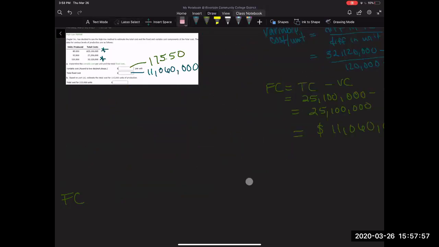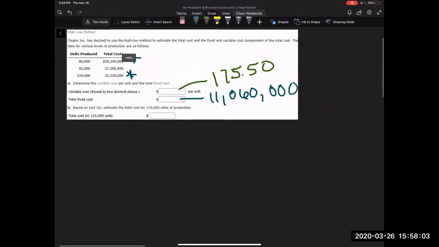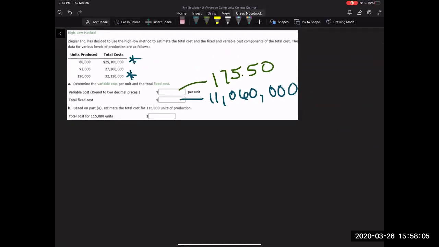All right, so what I want to now discuss is this bit here, okay? So again, we're going to discuss B. Now B says, based on A's information, estimate the total cost of 115,000 units of production.